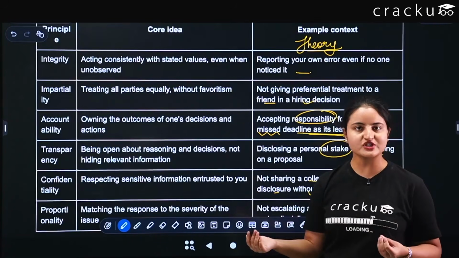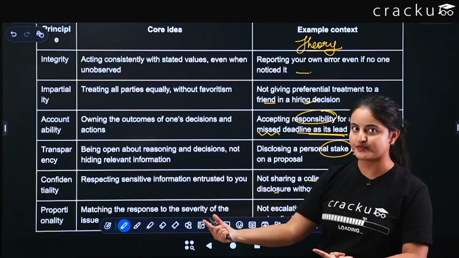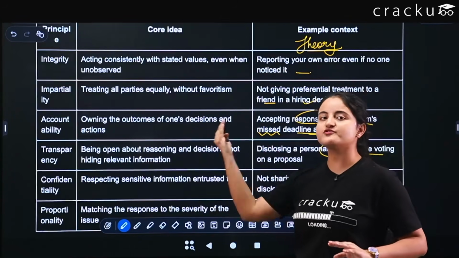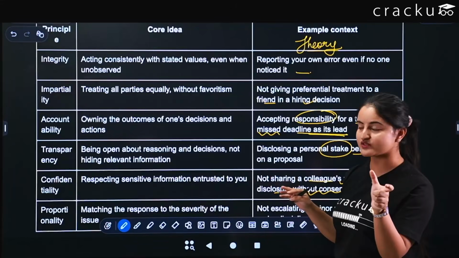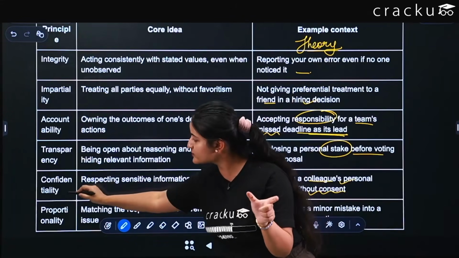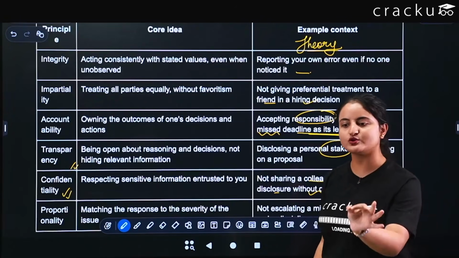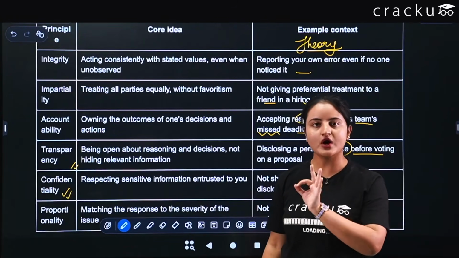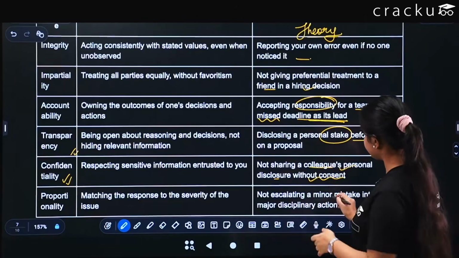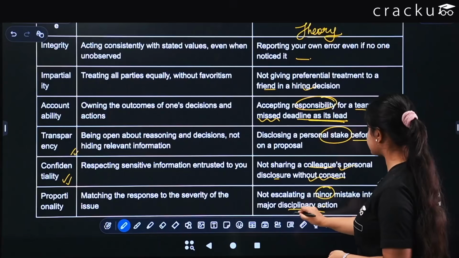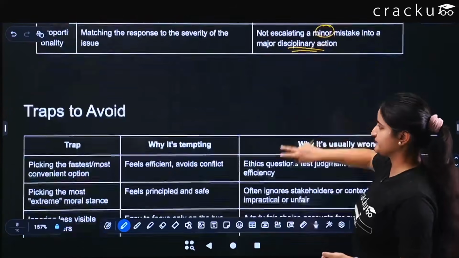You cannot disclose on behalf of others without their consent. So do not confuse confidentiality with transparency. You have the right to disclose your information, not anybody else's. Proportionality: not escalating a minor mistake into a major disciplinary action. So not going to the extreme.